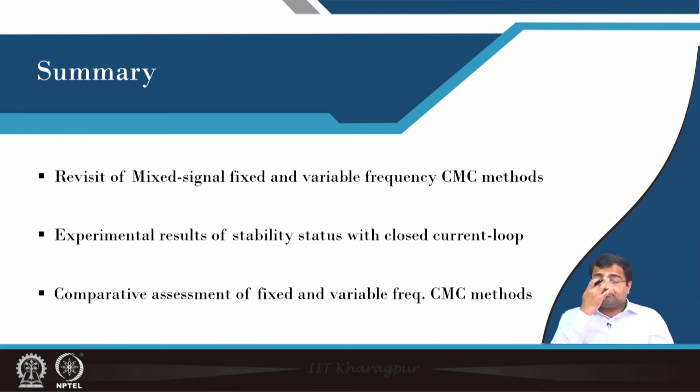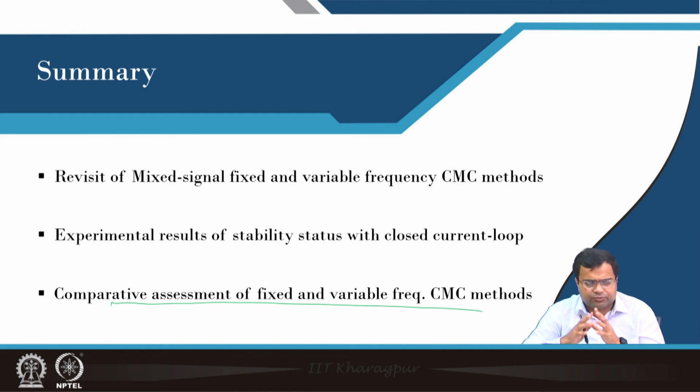But we saw that in case of constant on time or off time, there is no problem with current loop stability, and we also saw some comparative assessment, but they have a problem in terms of frequency variation, which can be addressed by means of timing adaptation. So, we have shown a comparative assessment between fixed frequency and variable frequency current mode control. That is it for today. Thank you very much.